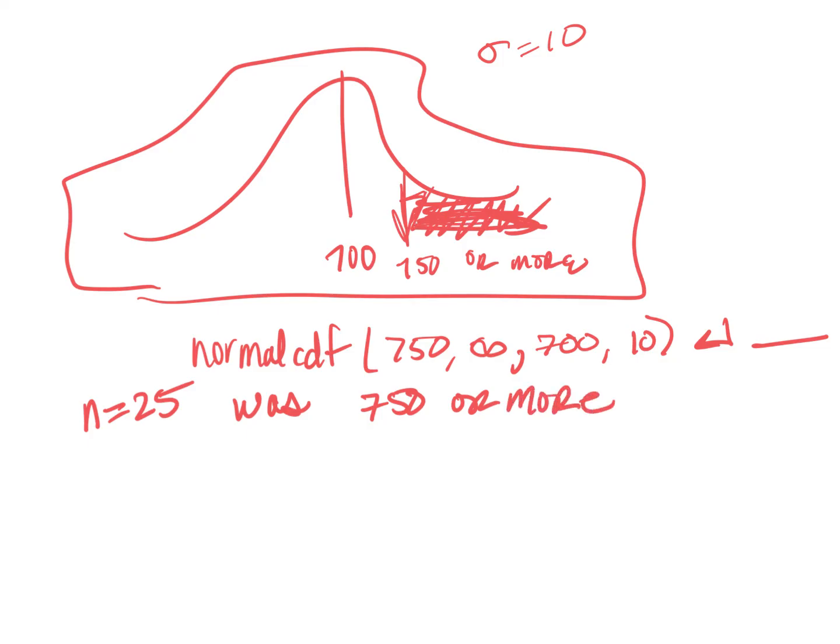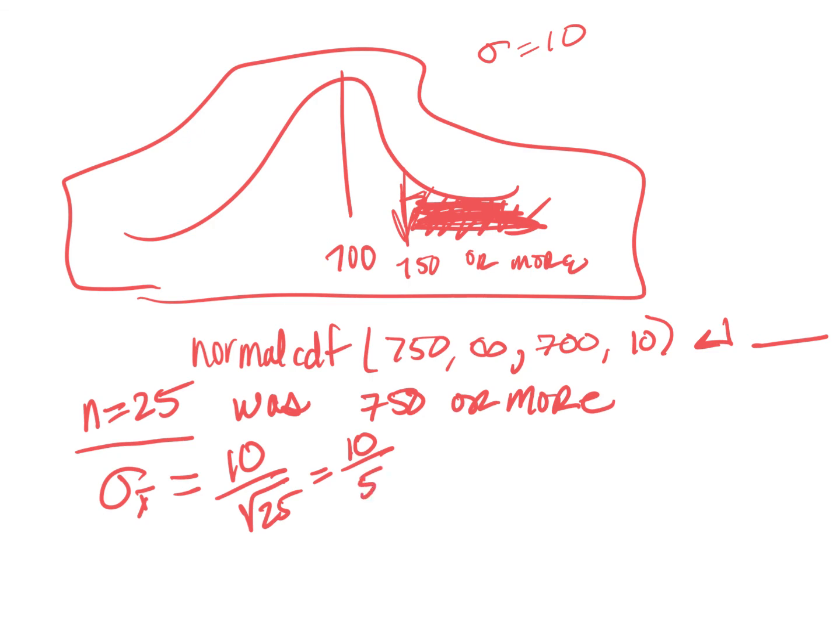Getting one over 750 maybe is fairly likely, but getting 25 people whose average is over 750 is going to be really small. So what I would do here is say my new standard deviation of my sampling distribution is my old one, 10, divided by the square root of 25, which is 10 divided by 5, which is 2. My standard deviation is much smaller now.